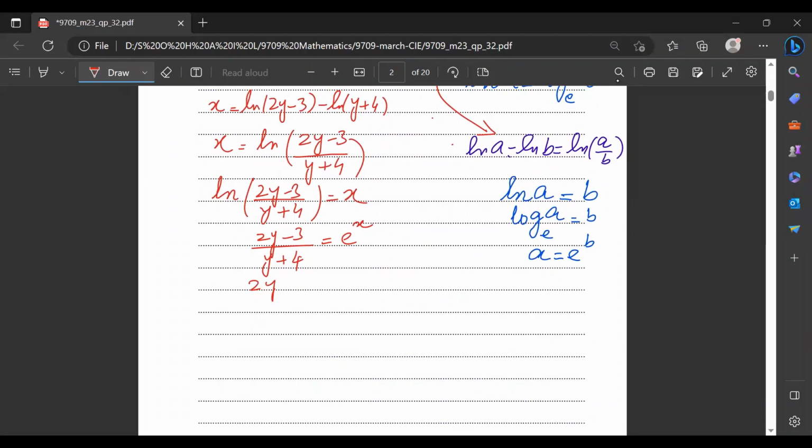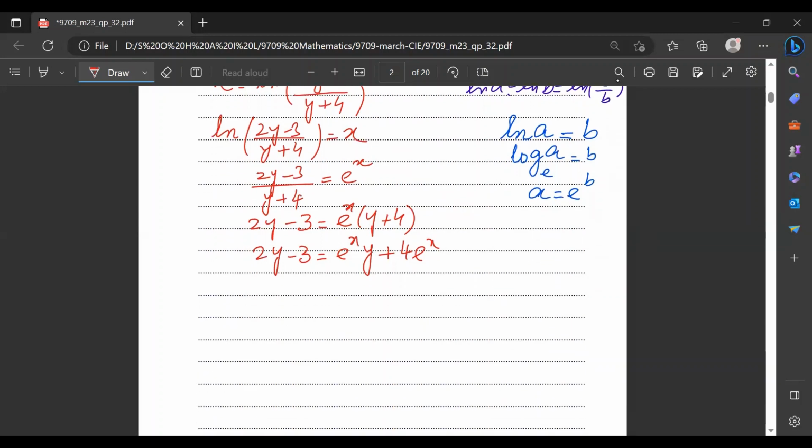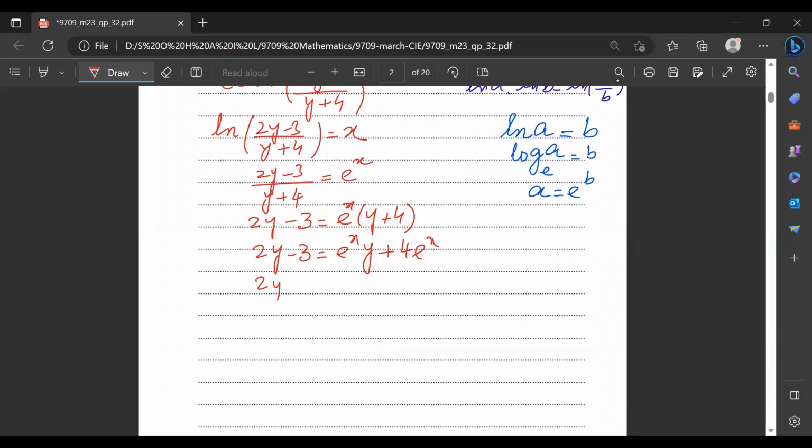As we want to write y in terms of x, cross multiply first. Open the brackets on the right hand side. Multiply e power x by y and by 4. Then shifting all the terms in y to the left hand side, 2y minus e to power x y equals 3 plus 4 e raised to the power x.